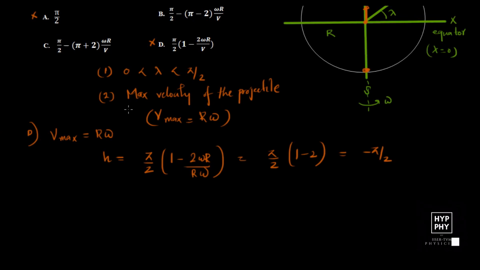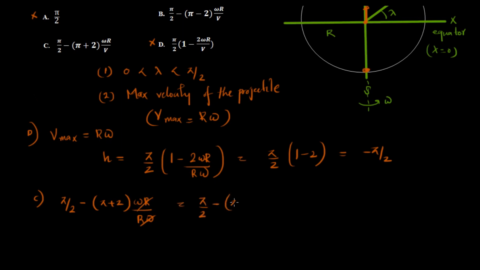By the same logic, for option C we have pi by 2 minus pi plus 2 omega r by v, with v max equal to r omega. So we have pi by 2 minus pi plus 2, which is also negative, right?